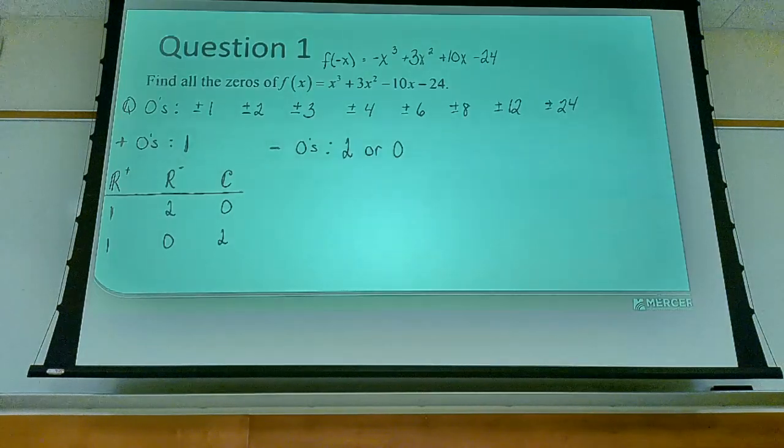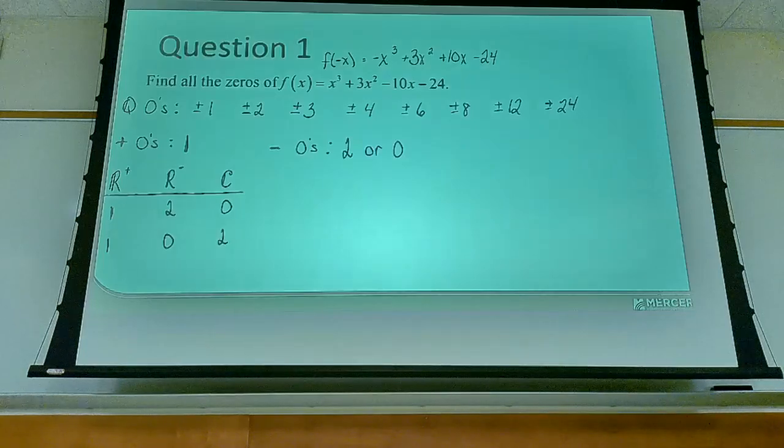Now comes the worst part. We have to find one of the zeros. And we hope that it does have rational zeros. Because if it doesn't, we cry. We have to test each of those rational zeros we just listed out to see which one's a 0.